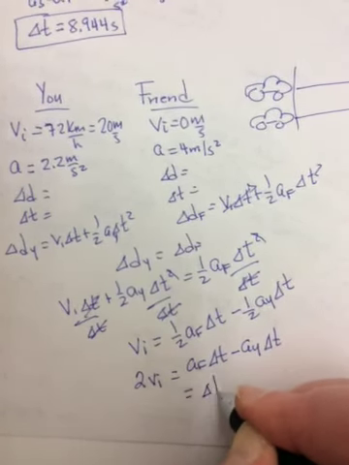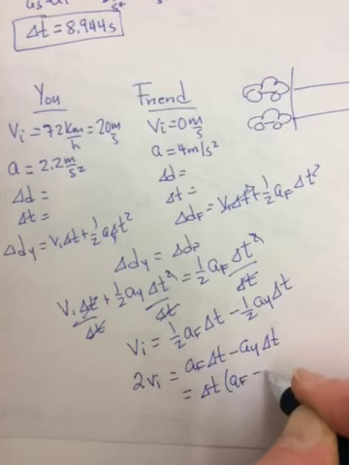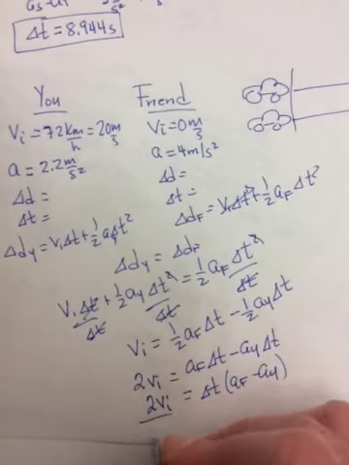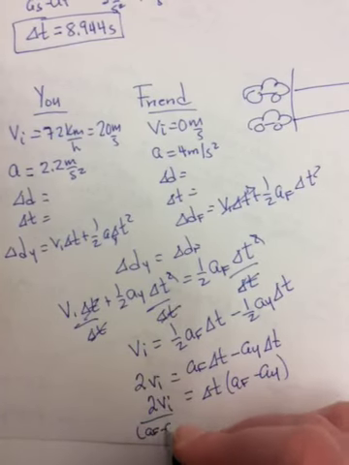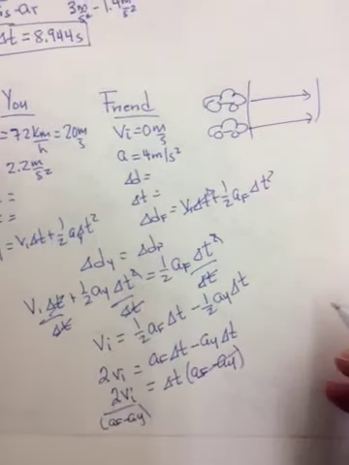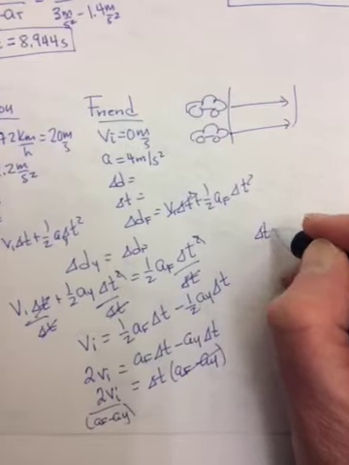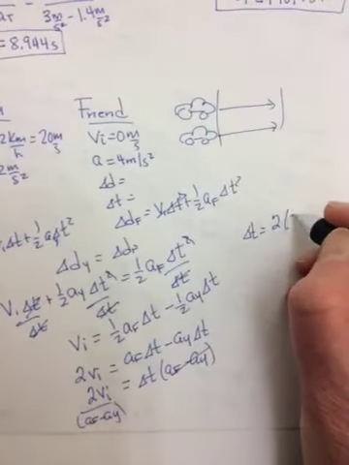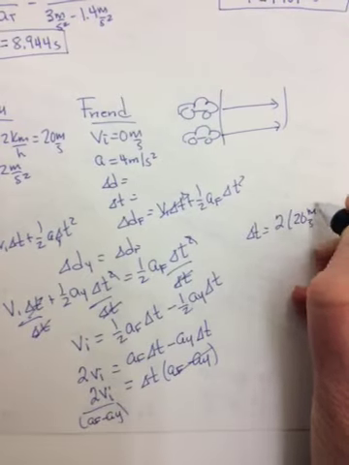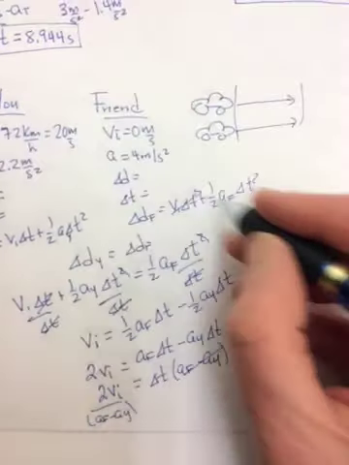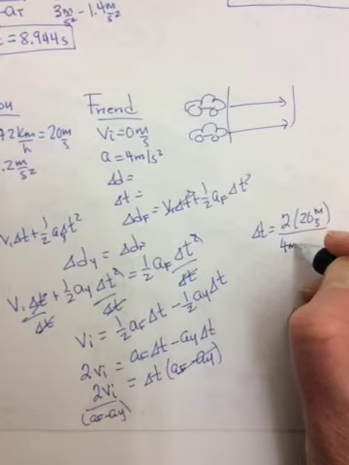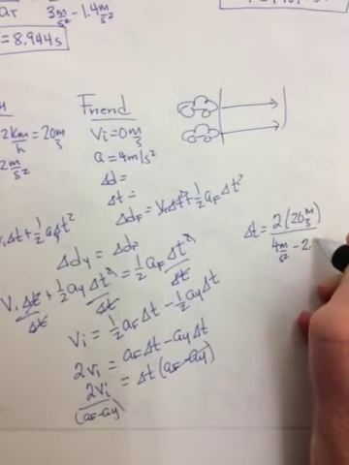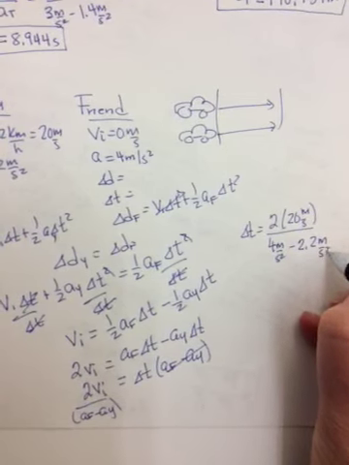Factor out the delta T. A of friend minus A of you equals 2VI. Divide both sides by the bracket. And so you'll have delta T is equal to 2VI, which was 20 meters per second, over A of your friend, which was 4 meters per second squared, minus A of you, which was 2.2 meters per second squared.